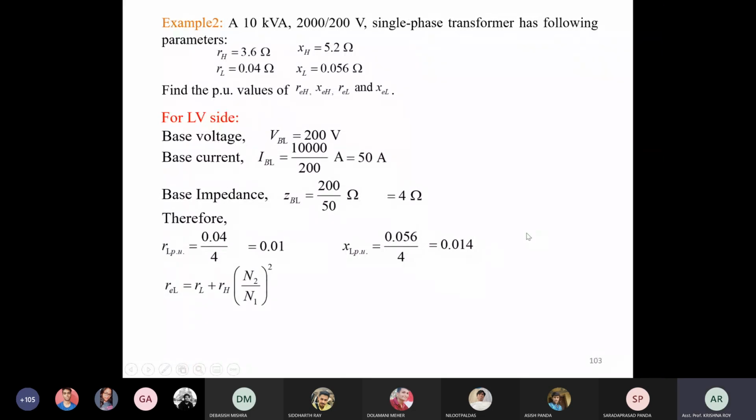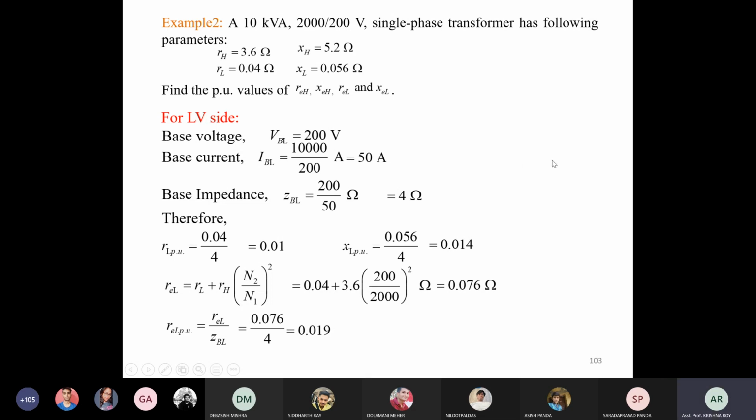Now calculate REL. So REL will be RL plus RH. Now you are referring to the secondary side, that means low voltage side. So N2 by N1, that is 200 by 2000, will be the turns ratio. So the actual value of REL is 0.076 and the per unit value is this actual value divided by 4.